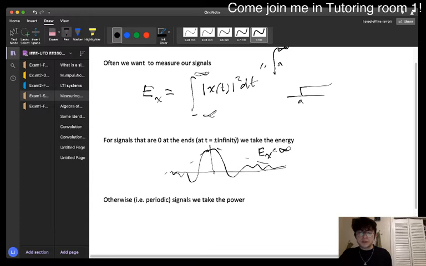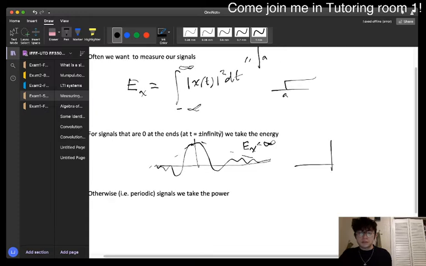But if we have this signal shifted up, the same sinc function but shifted up by a value, that's a bad sinc function. Notice that this integral will always have some kind of area under it. So this energy is infinite.